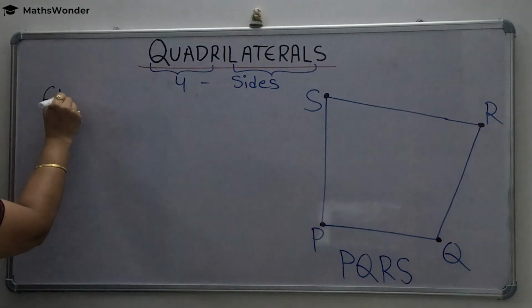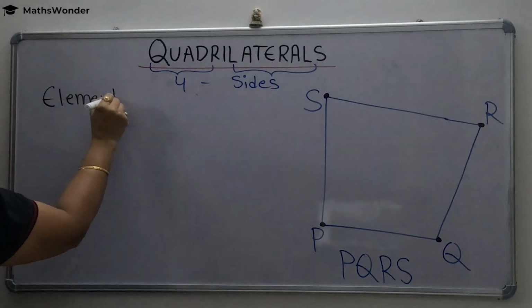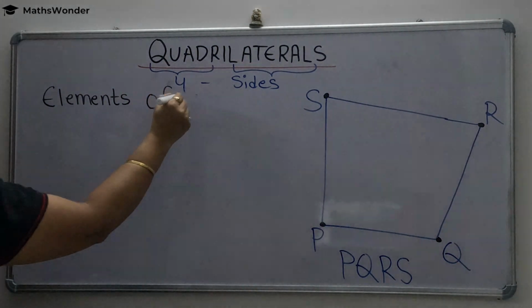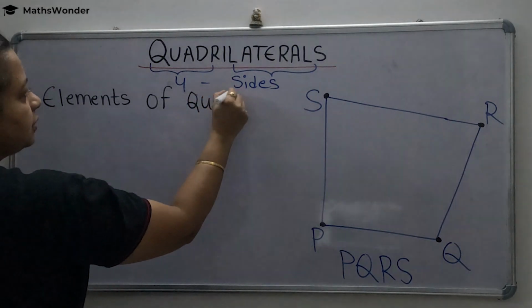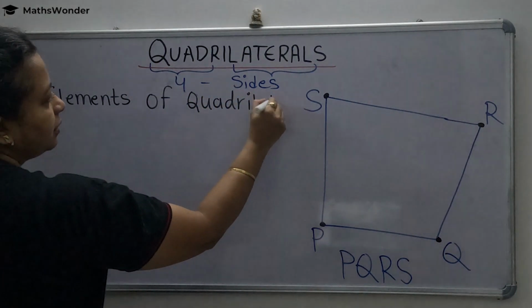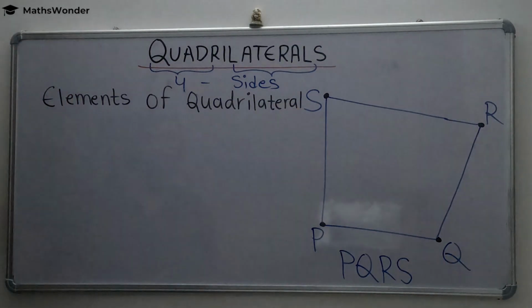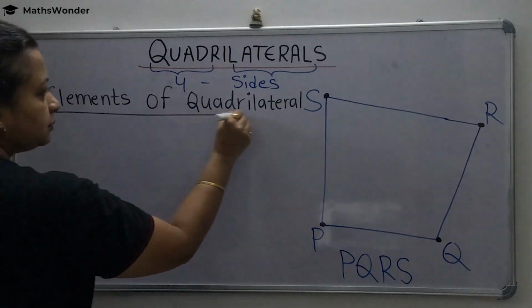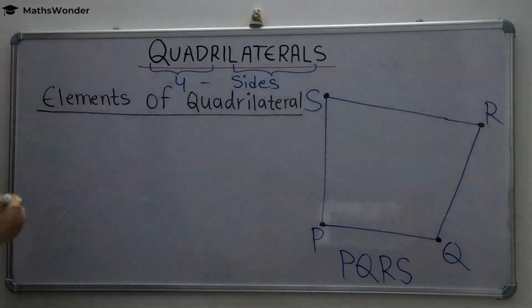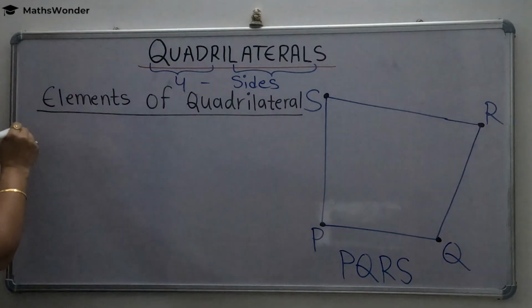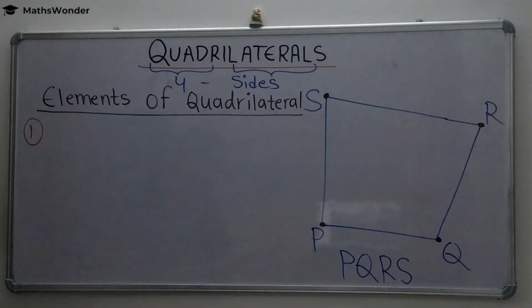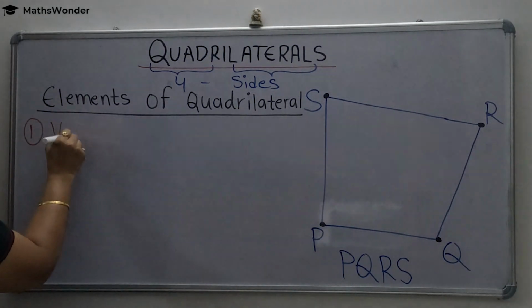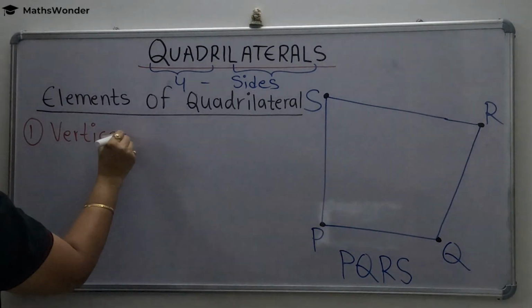Now write down the topic: elements of quadrilateral. First, vertices.